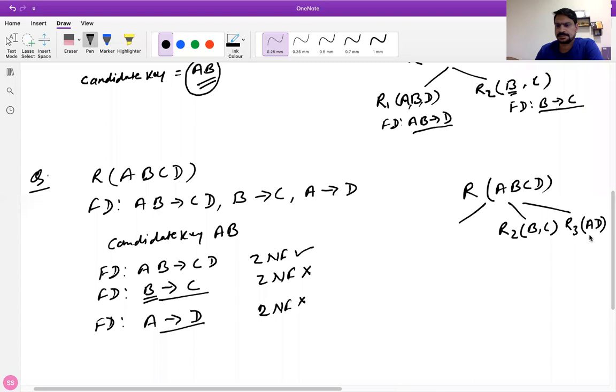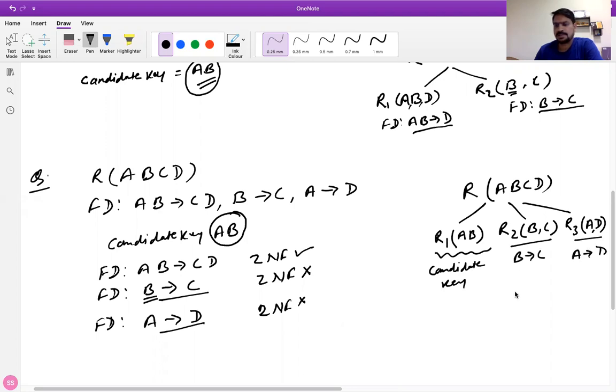Okay. Yes, sir. Because of the candidate key, we have to have another relation in which we have AB together. So this is showing the candidate key, and this is B determines C, this is A determines D, right?